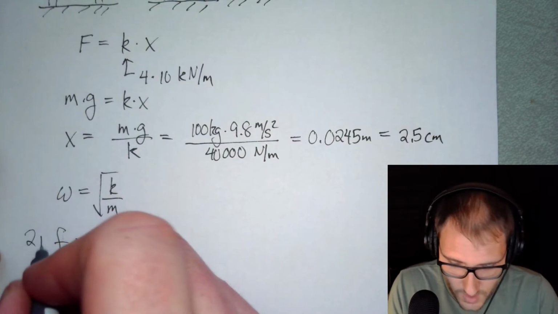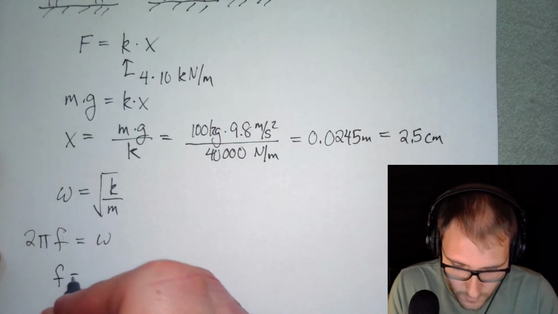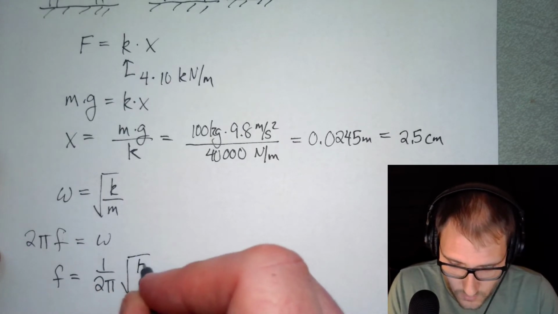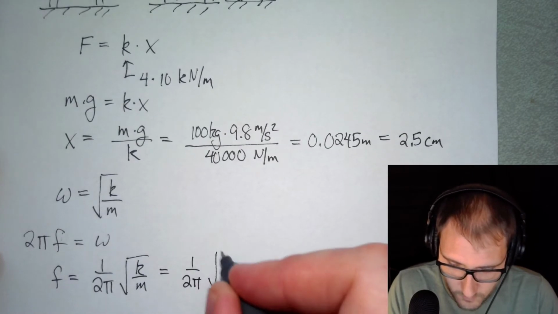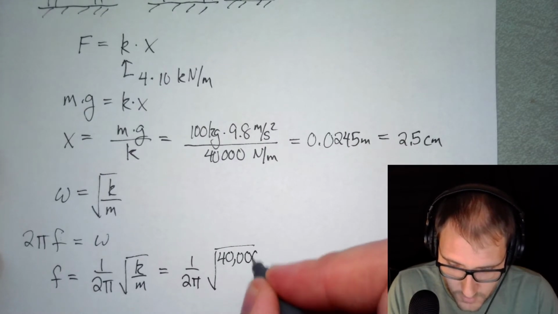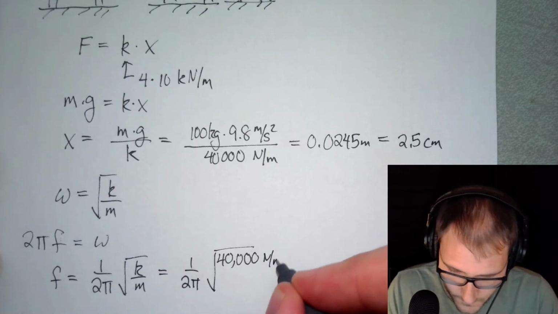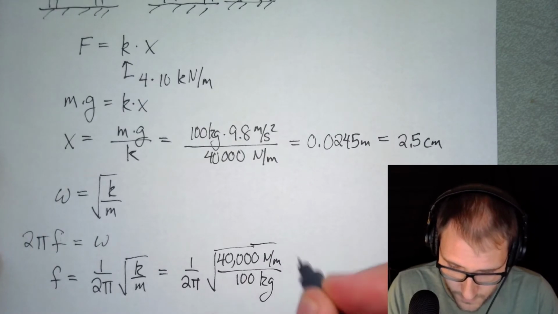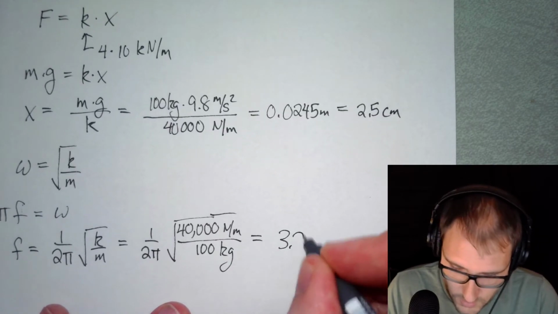So 2 pi f is equal to omega. So if you are solving for f, you do 1 over 2 pi, and then the square root of k over m. Again, for k here, we're going to plug in 40,000 because we have 10,000 newtons per meter springs. And the mass is 100 kilograms. And if you work that out, it's about 3.2 hertz.